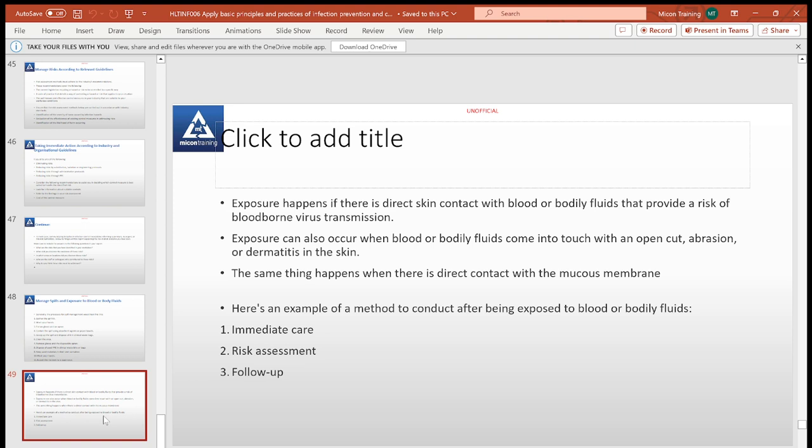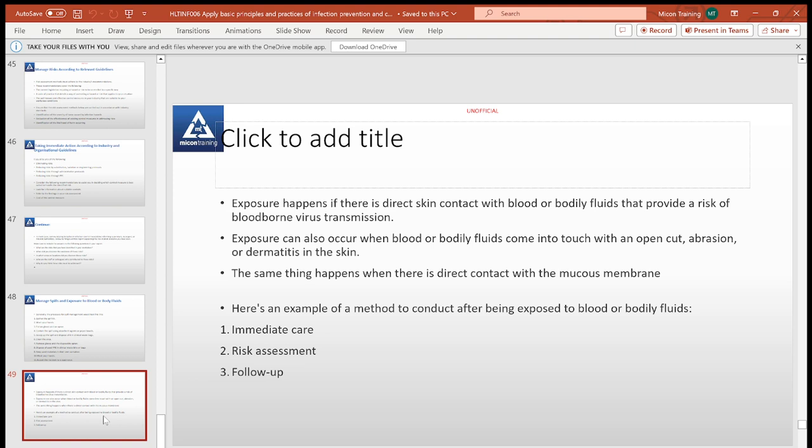So exposure can occur when blood or bodily fluid comes into contact with an open cut or abrasion, that means in our skin. So in any way, whenever we are working in our industry, we should always have it at the back of our mind to protect ourselves using appropriate PPE.